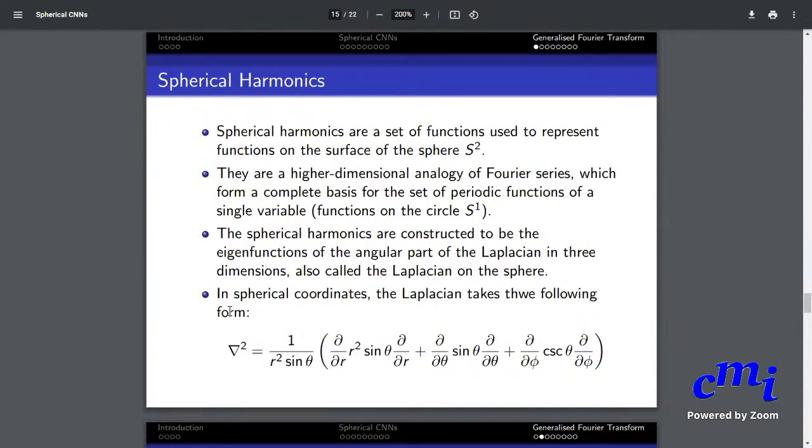There is another way to implement this, called the SO3 convolution or SO3 correlation. In that case, we take a spherical image and a spherical kernel, put both on each other, and keep rotating the spherical kernel. But the problem is that there are infinite points where this can be evaluated.